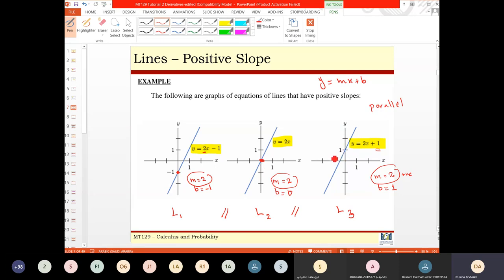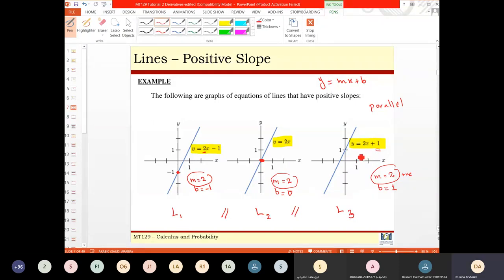Does this make sense? So the lines are parallel. What is changing? The intercept.